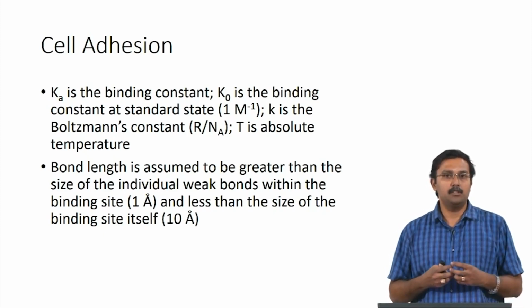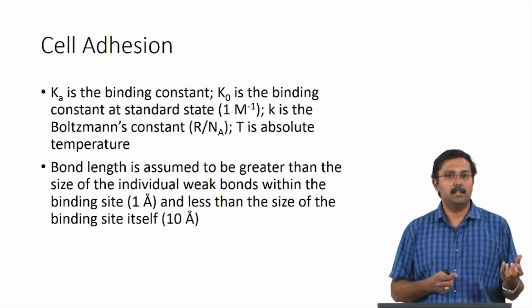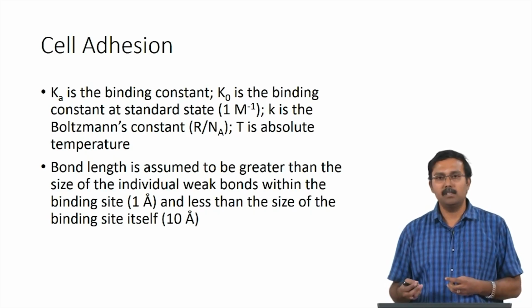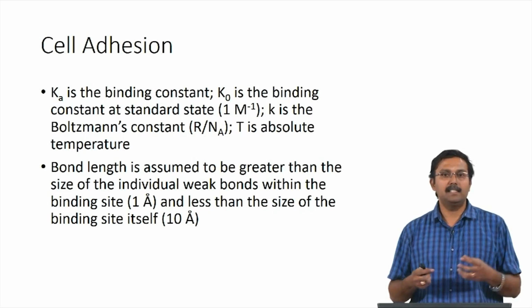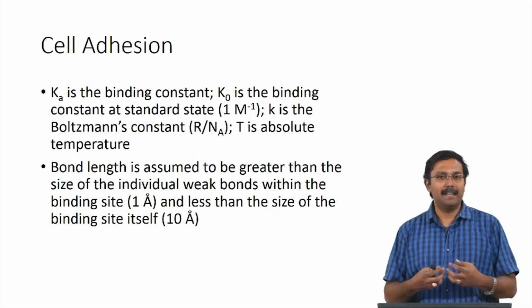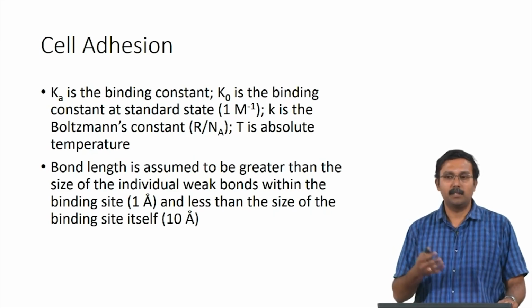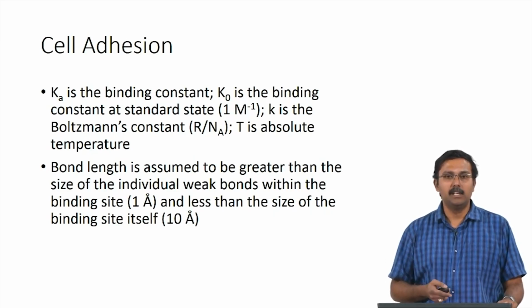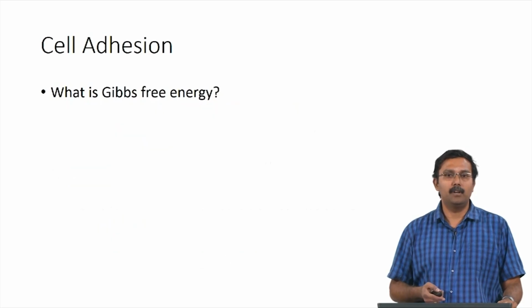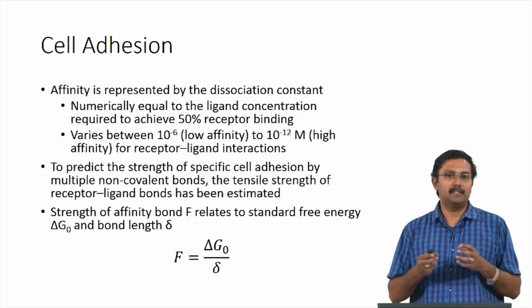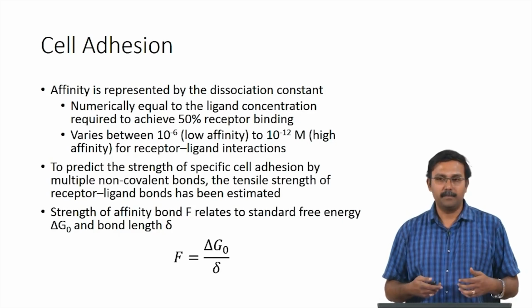So, bond length is assumed to be greater than the size of the individual weak bonds within the binding site and less than the size of the binding site itself. So, it will be somewhere in between. Okay. So, using this you can calculate the free energy, from which you will have an understanding of what would be the strength of the bond affinity. Okay.